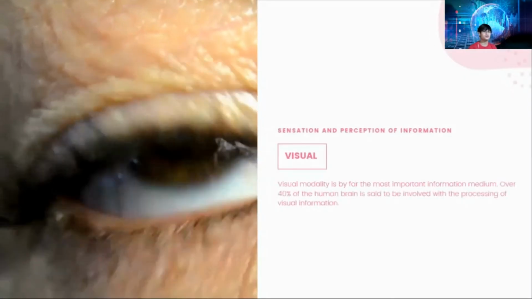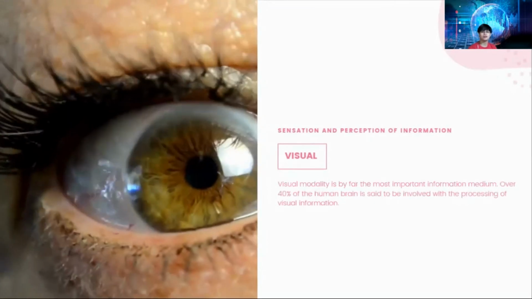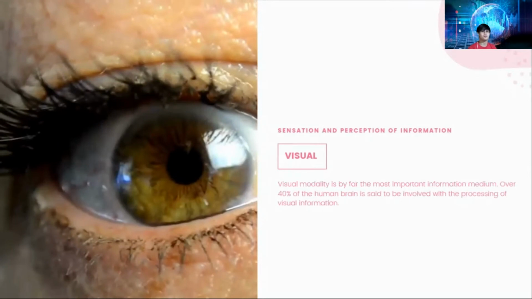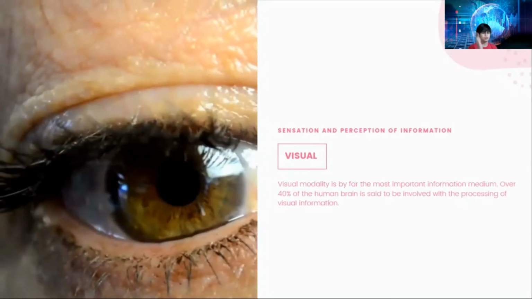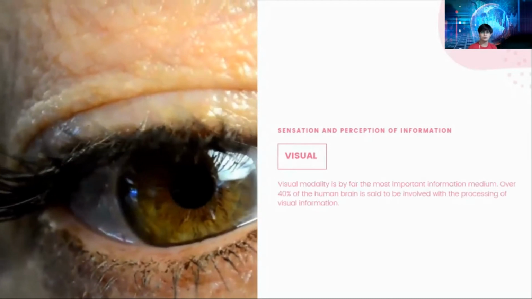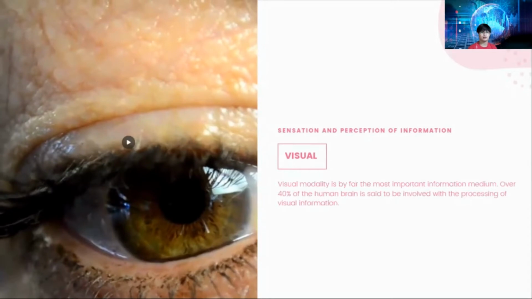Visual modality is by far the most important information medium. Of course, how can you get information if you close your eyes? Next we're going to discuss sound, through which we also get information. But for this slide, the visual modality is by far the most important information medium.